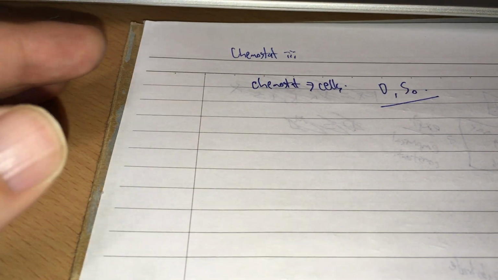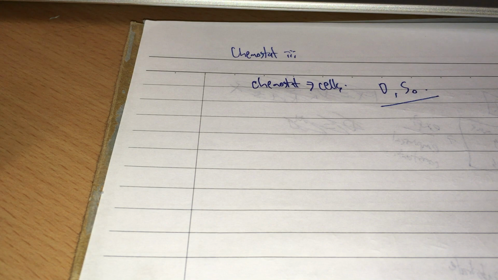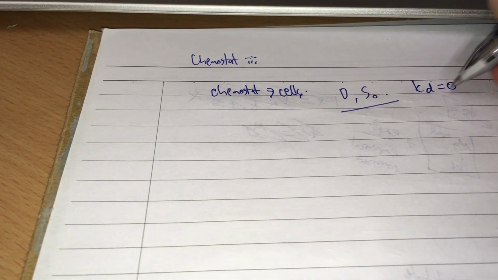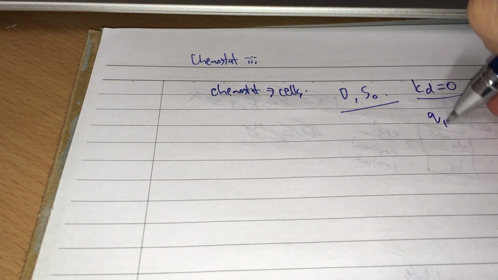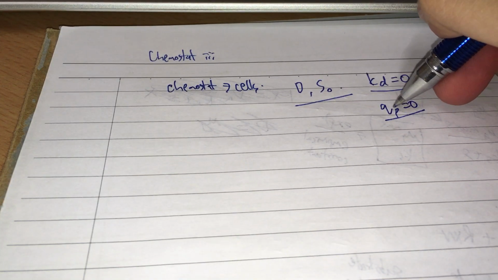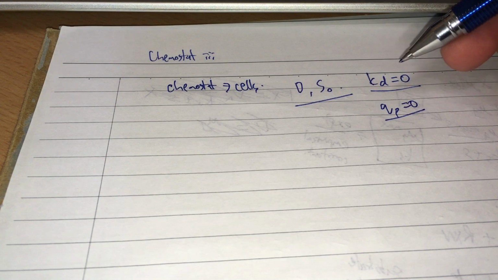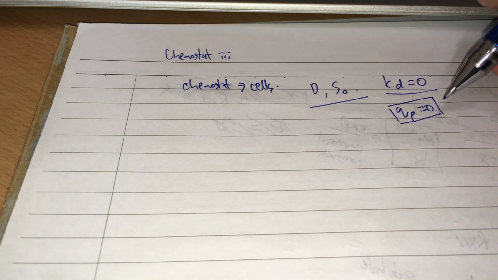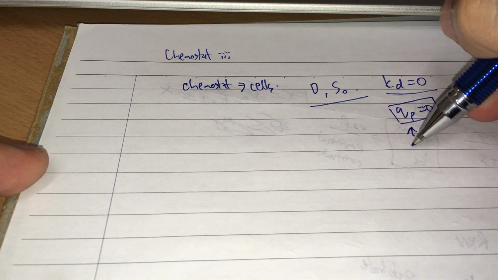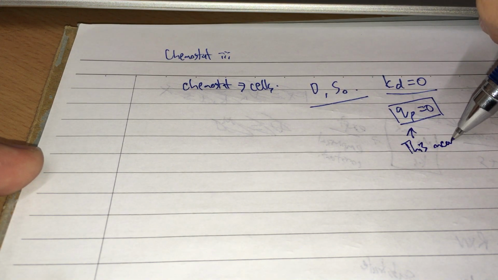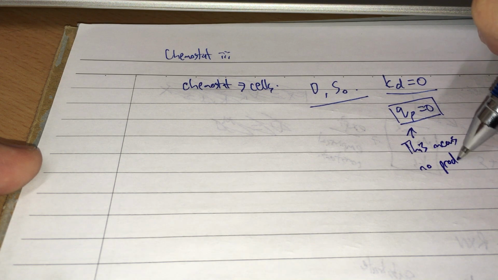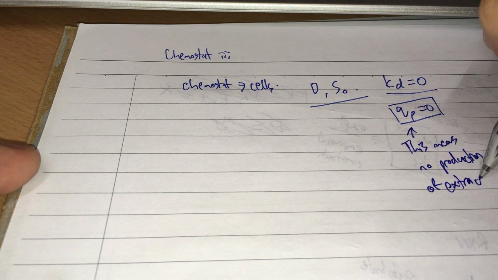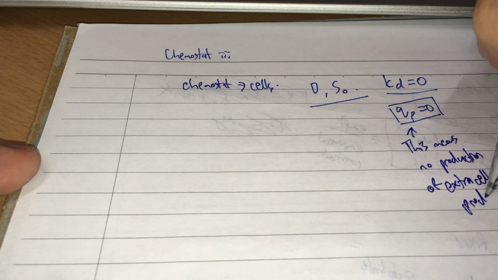So in the last video we actually made a lot of simplifying assumptions, such as the death rate is 0, and of course there's no production of products. So QP equals 0. And some of these constants maybe I'll introduce later on, but for now just assume this means no production of extracellular products.